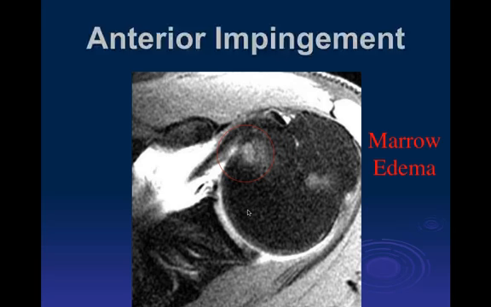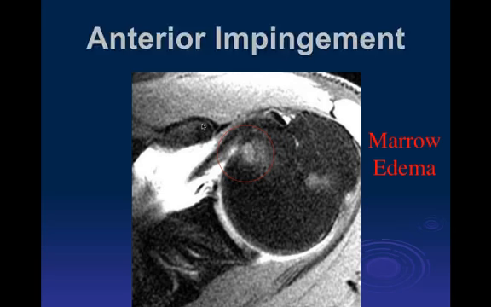Looks like the shoulder is in relatively neutral position, and I can see some marrow edema in the anterior portion of the humeral head, and I do see the subscapularis tendon is attached to the coracoid process there, but the lesser tuberosity. But yeah, I mean, this could be due to impingement.